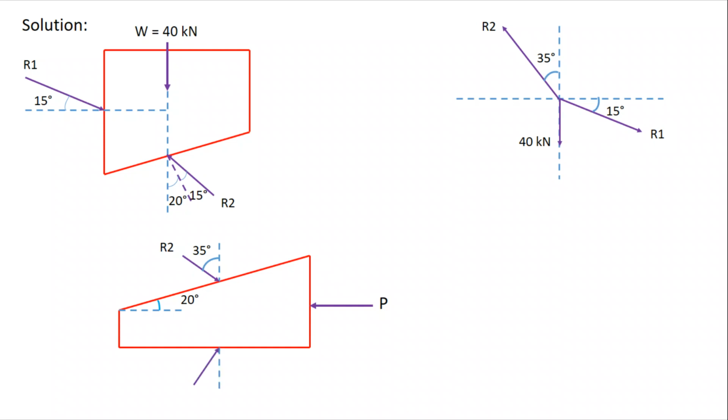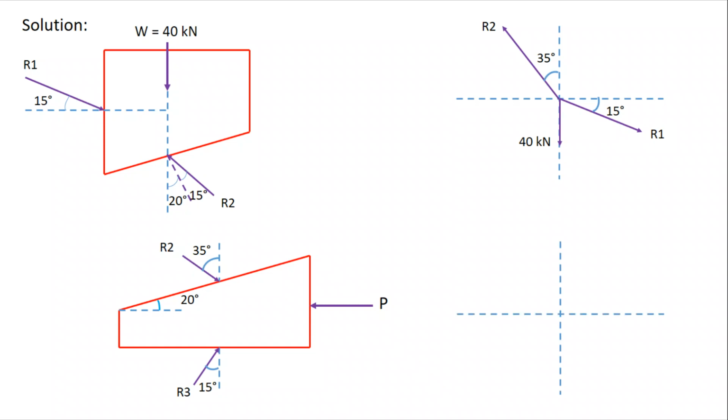And from the ground side, there will be a reaction or resultant. If the force is acting in the left direction, then the reaction is in the right direction, at an angle of 15 degrees, and we denote it as R3.